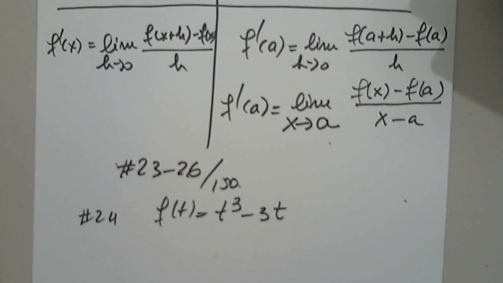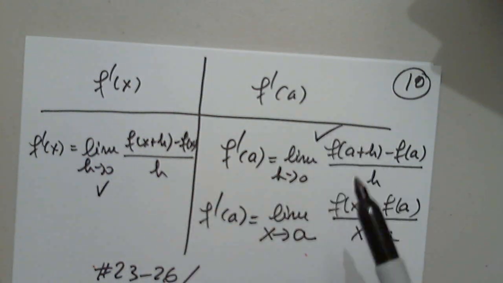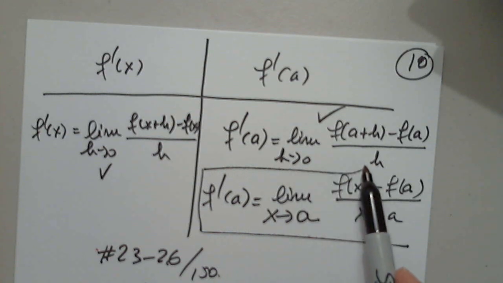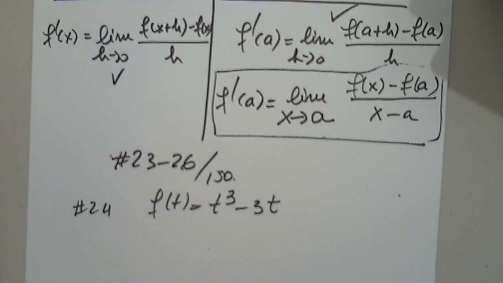Okay, so what I recommend, since we've been using this a lot so far, let's try this one now. So we're going to write f prime of a equals limit.